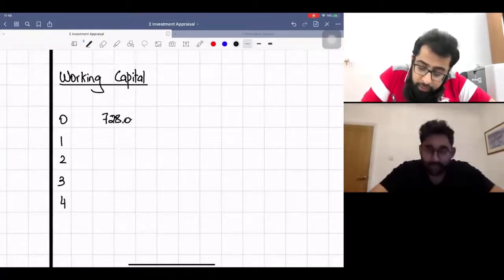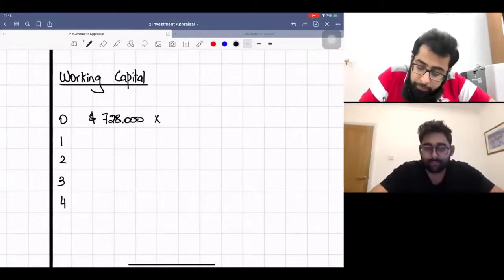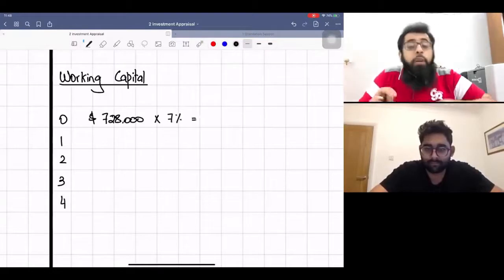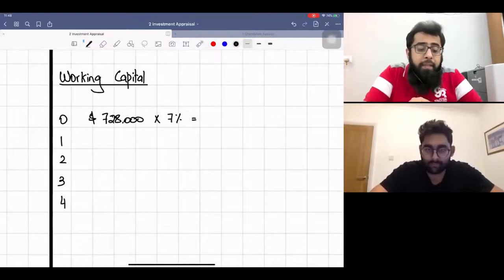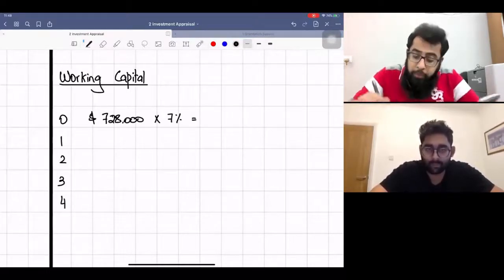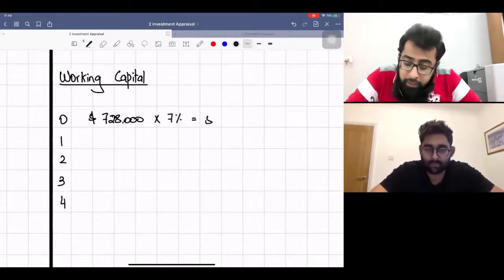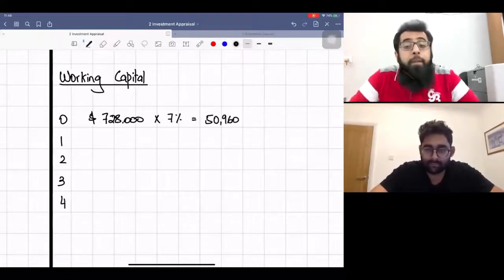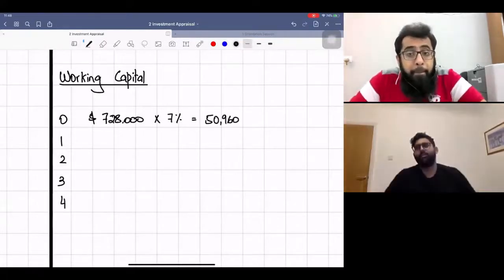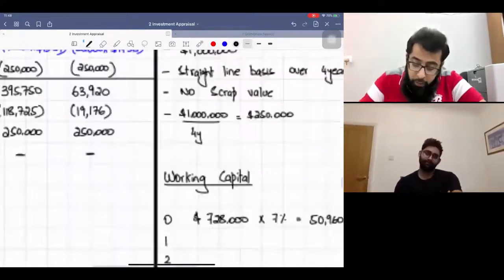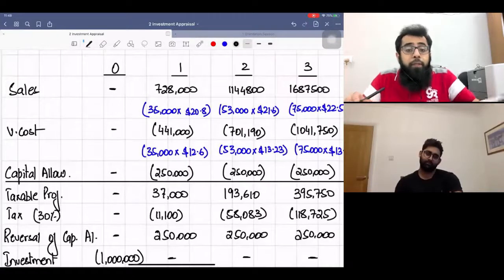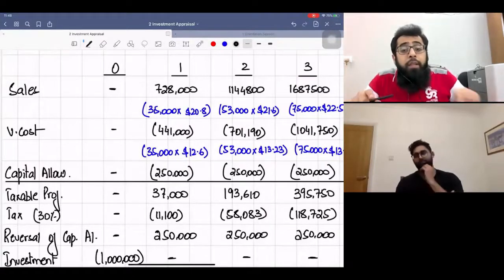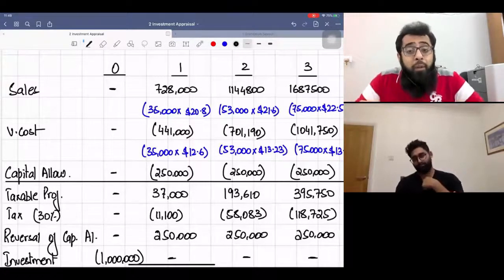If you look at it carefully, what I'm doing is that I picked up year 1 sales, and on the basis of which I will invest working capital at year 0, because we need working capital investment at the start of the year.